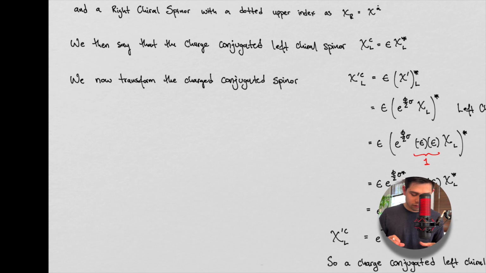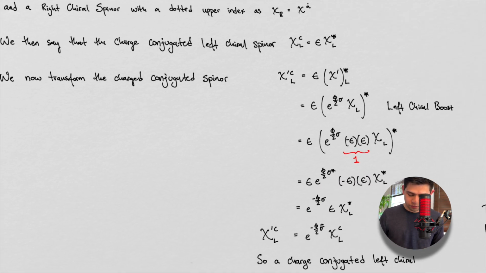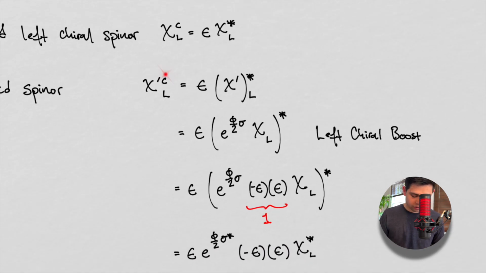So we now transform the charge conjugated spinor. This is the transformed charge conjugated spinor, with this dash here. What does this mean? Well, we said this here was the definition. So we take our spinor metric, and we transform our spinor.